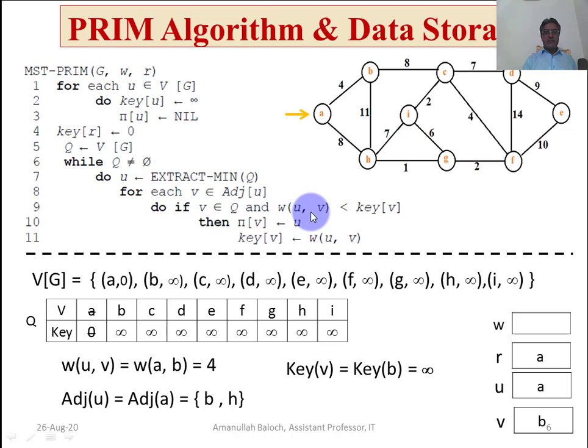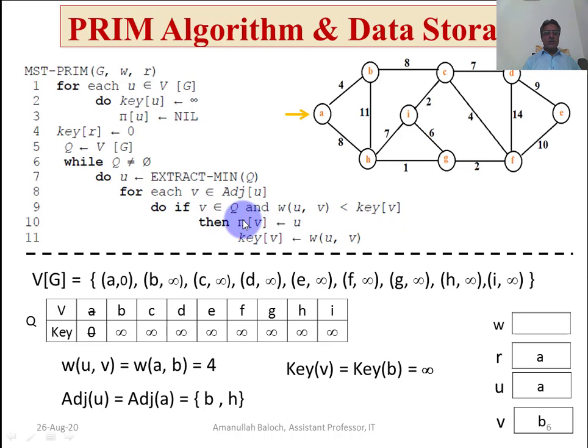The weight of U to V, that is the weight of A to B, is 4, and the key of V is infinity. 4 is less than infinity, and B belongs to Q. Yes, B belongs to Q. This node has been deleted. Extract min deleted it from the key. This is overstruck. We have overstruck A and its value. This has been deleted, but it is still part of Q. So the if condition is true, that is B belongs to Q, and the weight of A to B, that is 4, is less than the key of B, that is infinity. 4 is less than infinity.